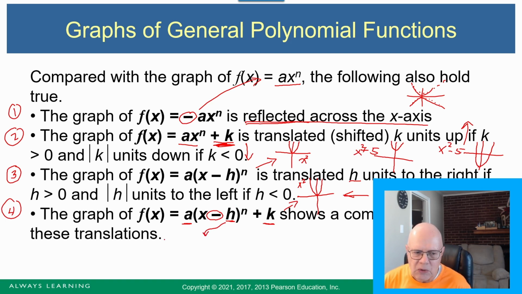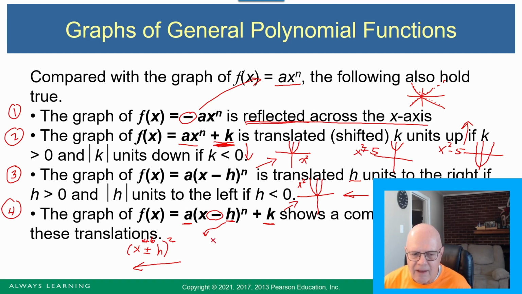So what I do is I look at whether this is a plus or minus here. Put the H there. If I see a plus number, like an x plus 6, I move it this way, just the opposite way of the sign or operation between the x and the constant.